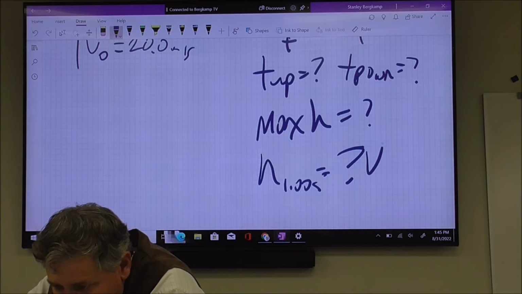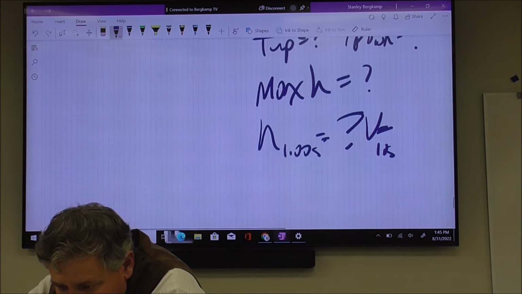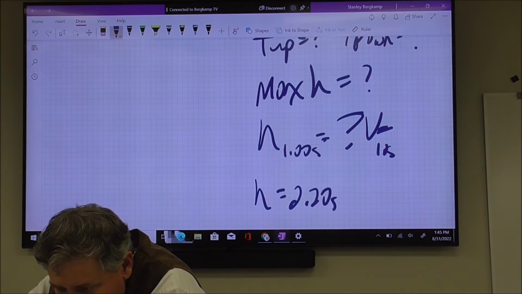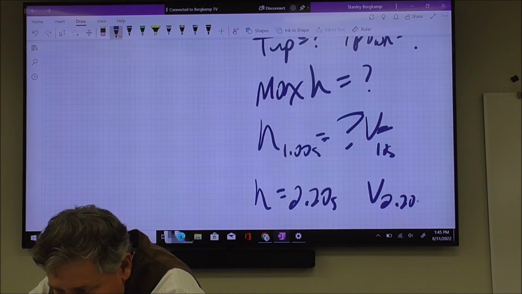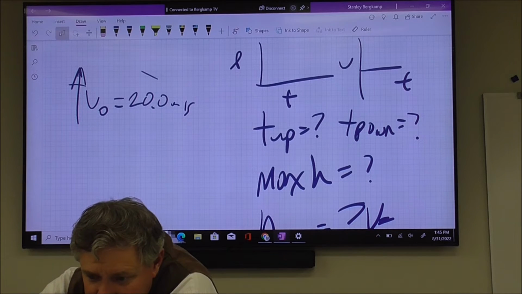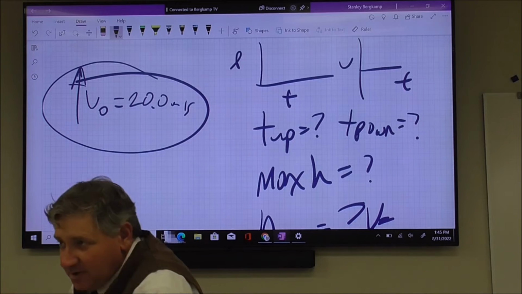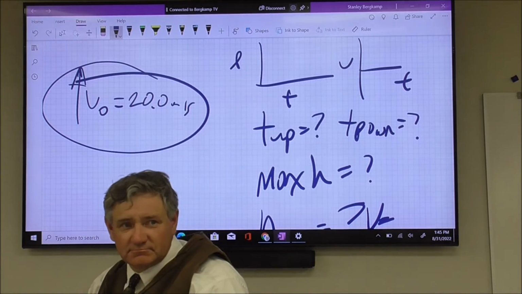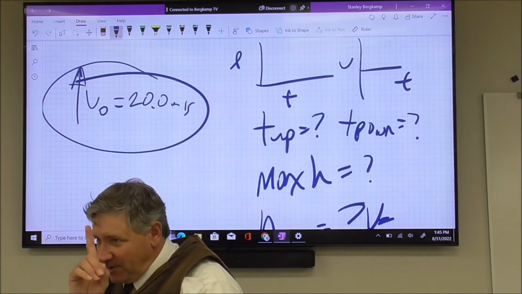I want to figure out how fast it's going at 1 second into the flight. And then I want to find out how high it is at 2.2 seconds into the flight and the velocity at 2.2 seconds into the flight. So I'm going to do all of that with one number.